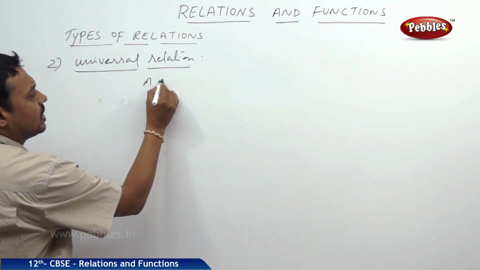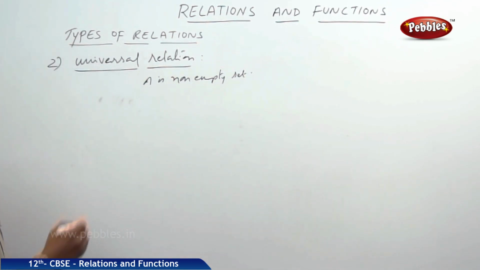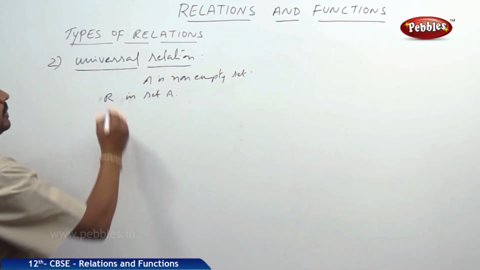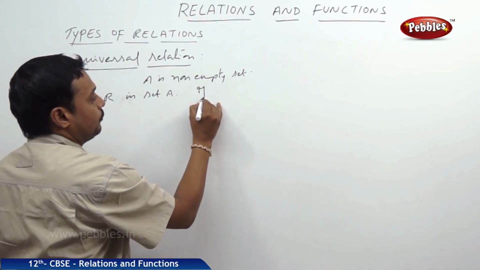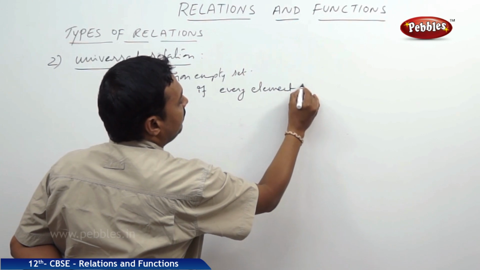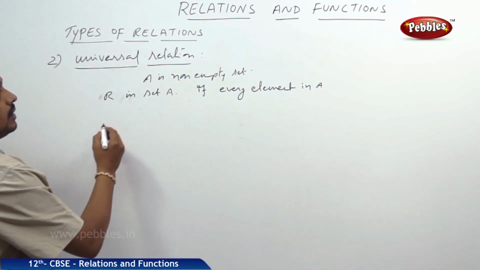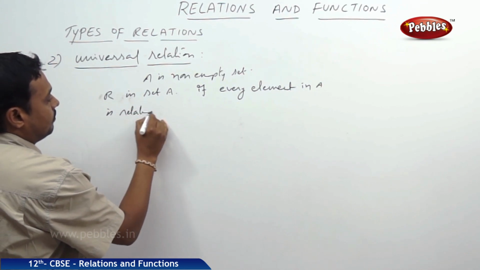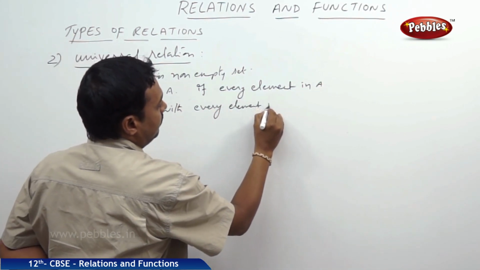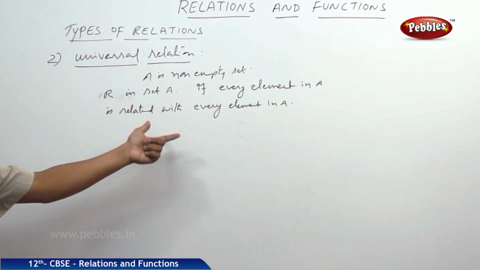A is a non-empty set first, and a relation R in the set A is said to be a universal relation if every element in A is related with every element in A. So, every element in the set A is related to every element of A.